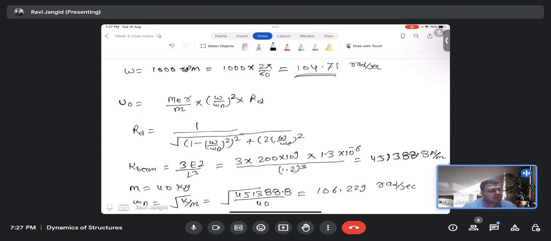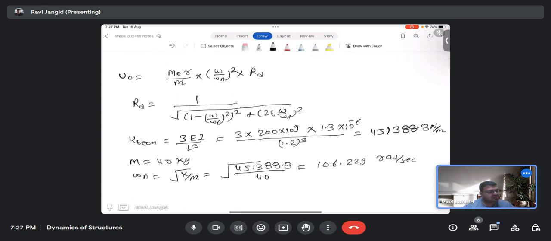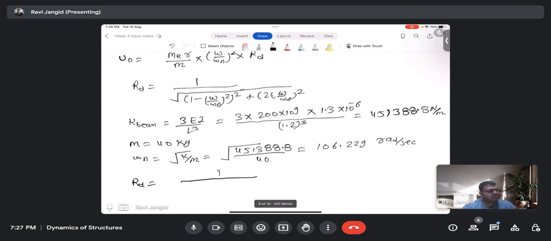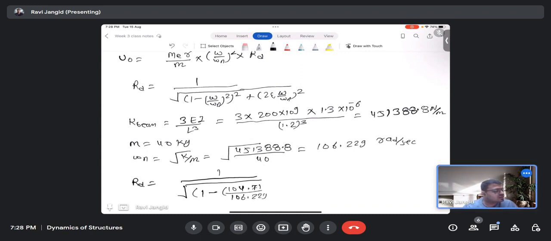Now find out the RD: 1 minus 104.71 divided by 106.229 square, plus 2 into 0.0617 into 104.71 divided by 106.229 square. Can you find out RD?